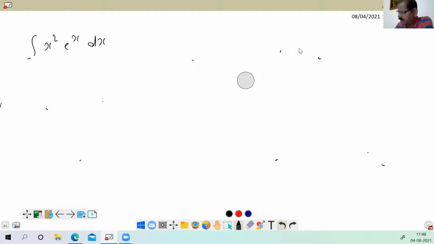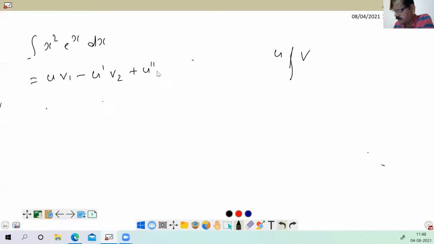I am calling the first function as u, second function as v. First function into integral of second function. Next, alternate plus minus. Derivative of first function, integral of second function, plus next derivative, second order derivative of first function, integral of second function, minus, like this we have to write.